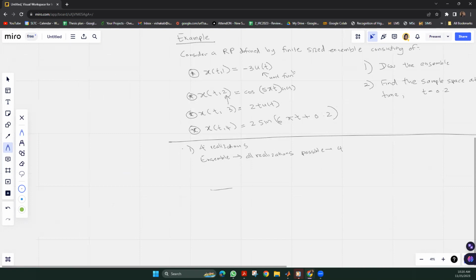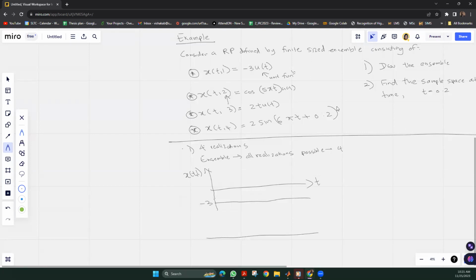The first plot is the plot with -3 u(t), which means that it has a -3 value, and it's constant over time. So it is a function x1(t), and its amplitude is in the negative direction and constant.